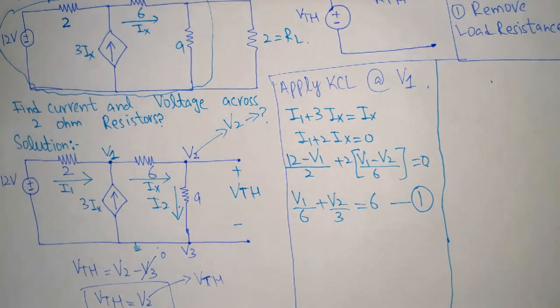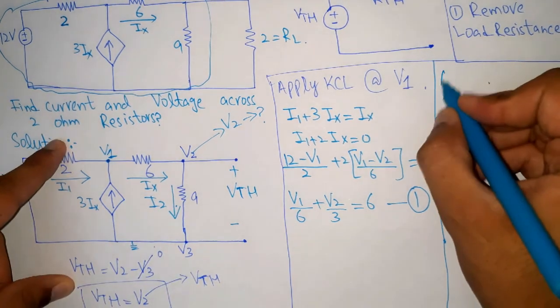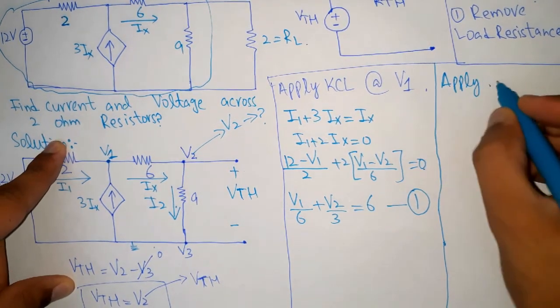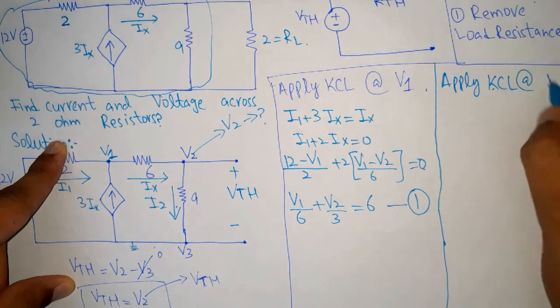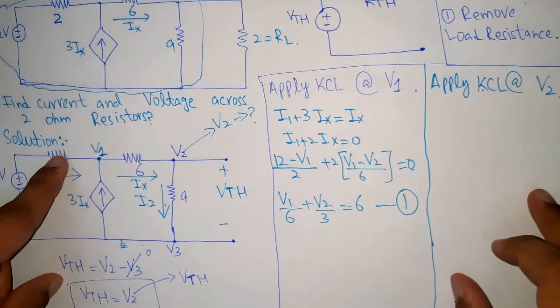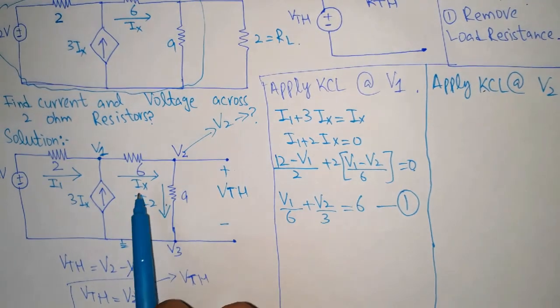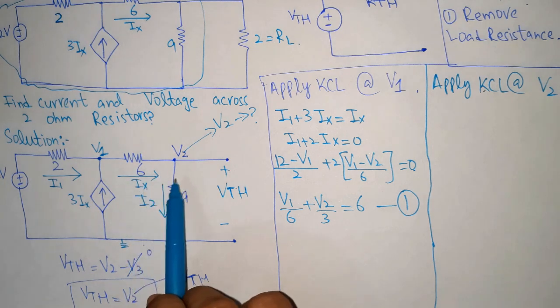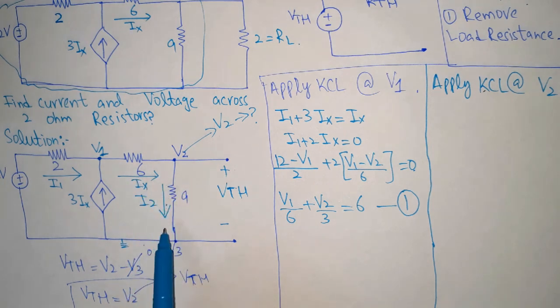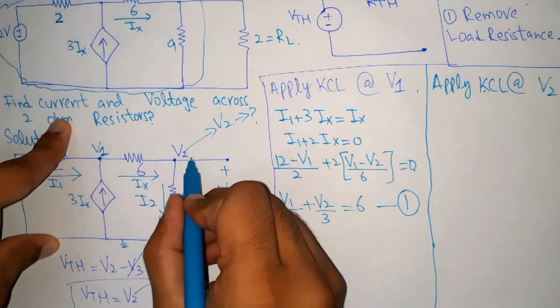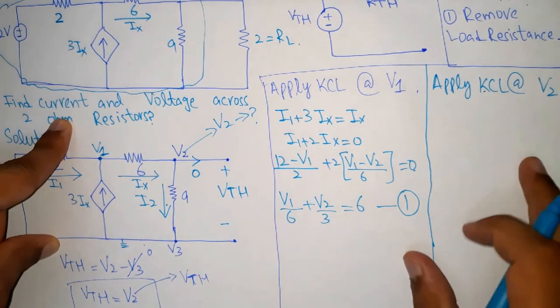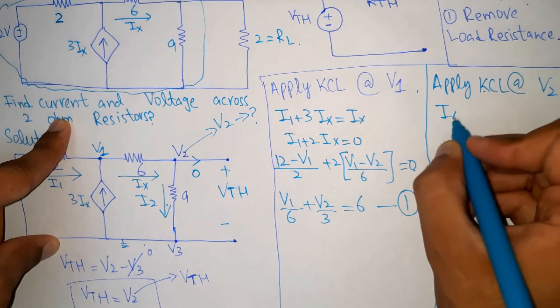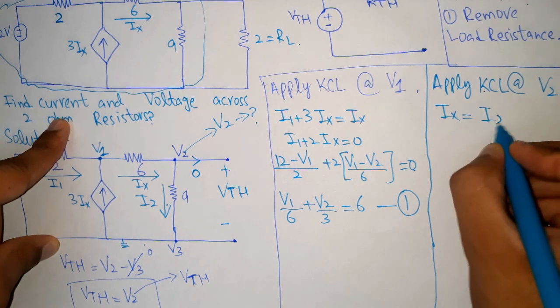Similarly, I will apply KCL at V2. At V2 there is one current entering the node, Ix, and one leaving, I2. Here it is an open circuit, so the current will be equal to 0. So I will write Ix is equal to I2.